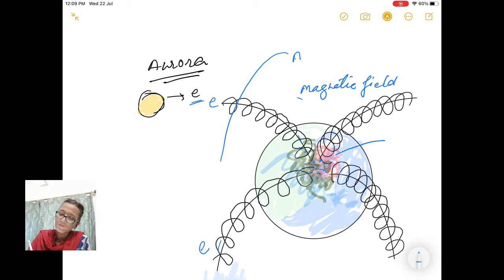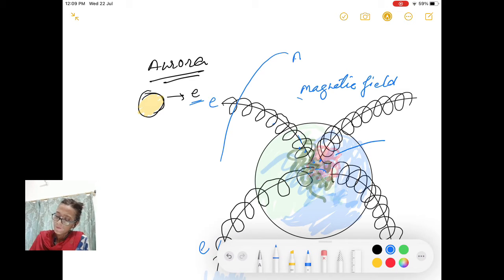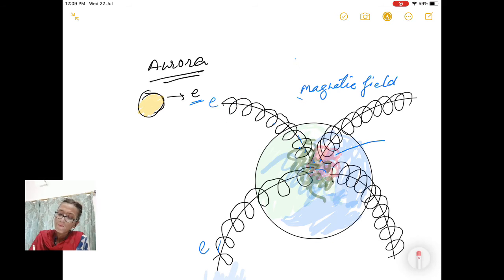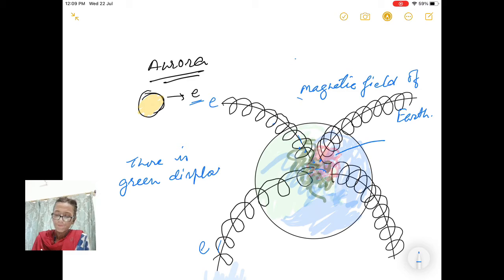Atmosphere, magnetic field of Earth. So there is a green display of light due to agitation of charged particles with oxygen molecules.